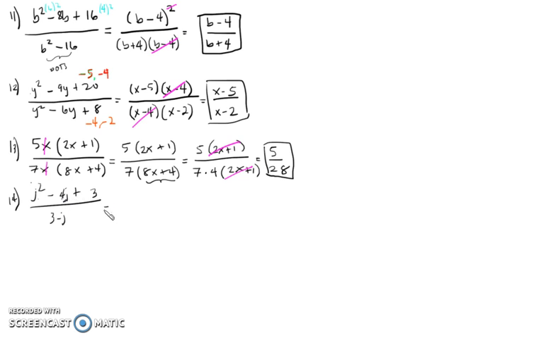First, let's factor the numerator. Again, what I'm trying to do is look for a factor of 3 that will give me negative 4. That is simply negative 1 and negative 3, because negative 1 times negative 3 is positive 3. When I add these, it gives me negative 4.